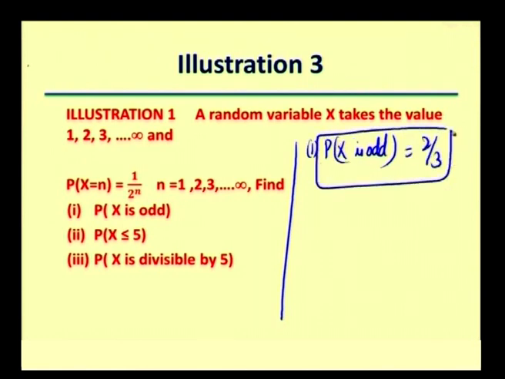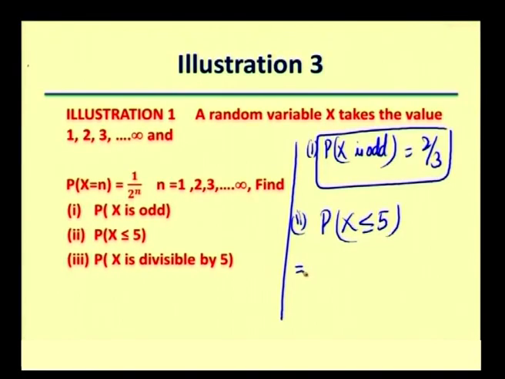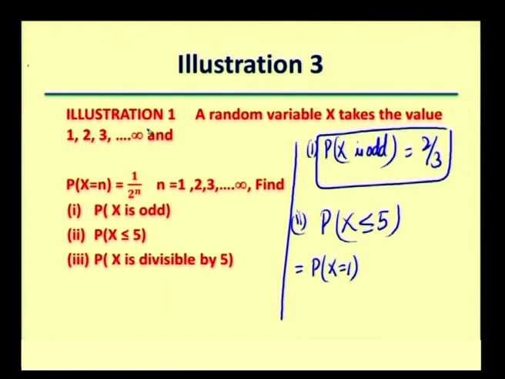This is over. Coming to the second subdivision, P of x is less than or equal to 5. What are the values x can take? Less than or equal to 5 means P of x equal to 1. X equal to 0 should not be taken because x takes values only from 1, 2, 3, etc. up to infinity.